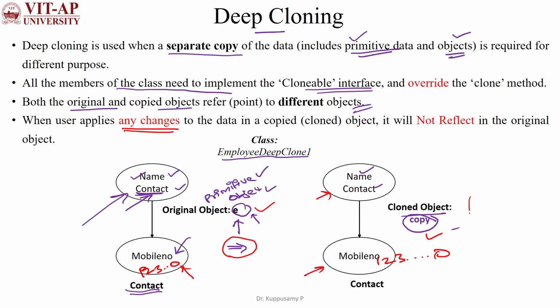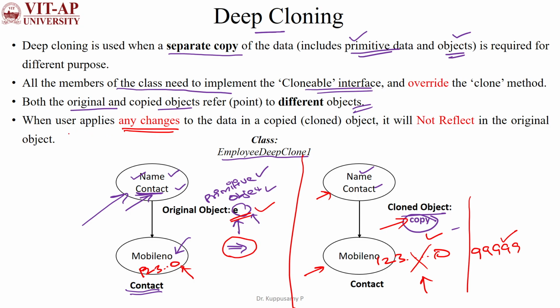Now after some time, suppose I change this mobile number into 5 nines. If I update this, it will be replaced only in the cloned object, not in the original object, because there is no connectivity or sharing between these two objects.